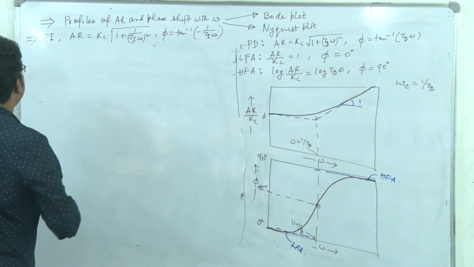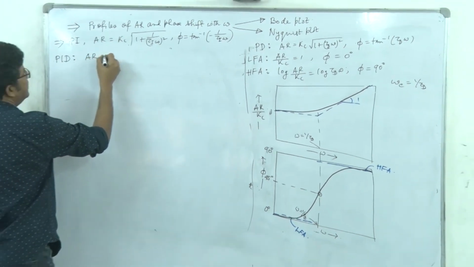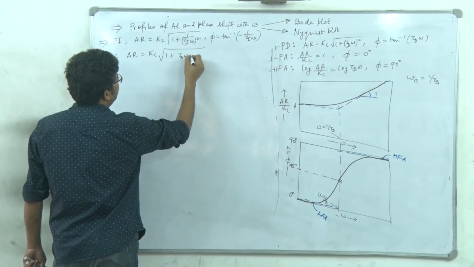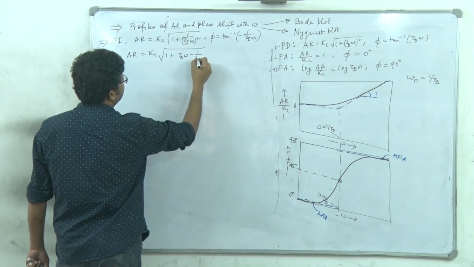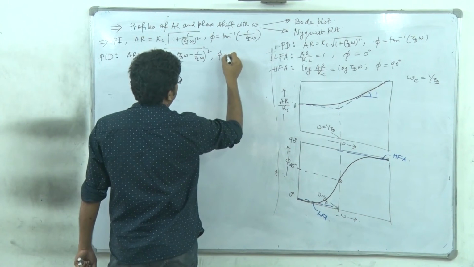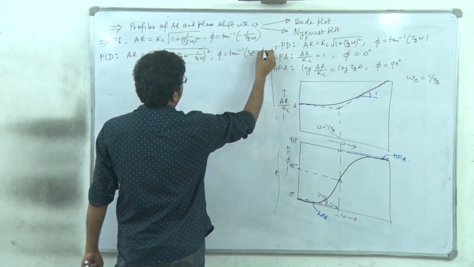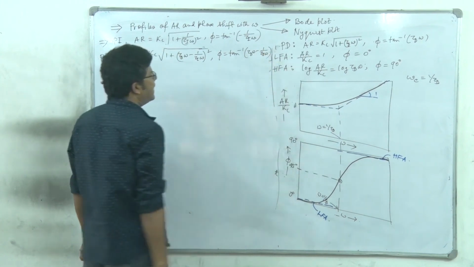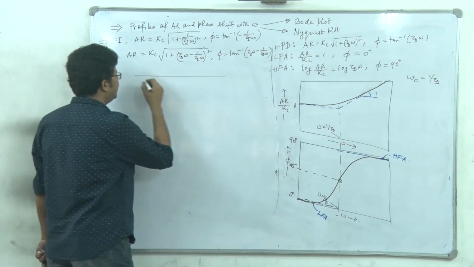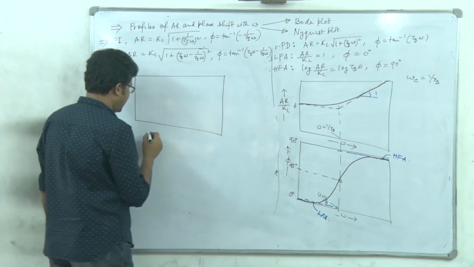See, for PID, AR is equal to Kc under root 1 plus (tau d omega minus 1 divided by tau I omega) whole square, and phi is equal to tan inverse of (tau d omega minus 1 by tau I omega). And actually we don't have to go for any LFA HFA analysis, because we already know what are the LFAs and HFAs for PI and PD.